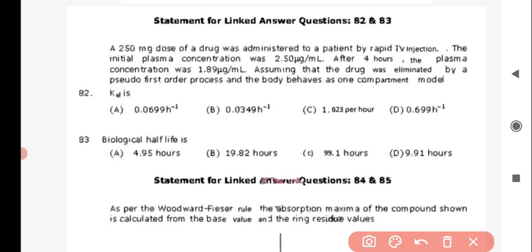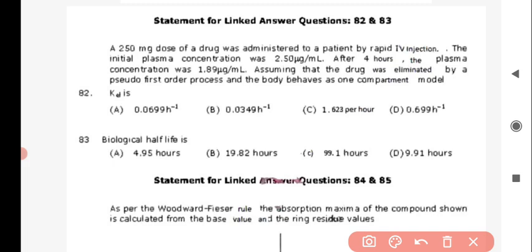Then coming to the next statement, a 250 mg dose of a drug was administered to a patient by rapid IV injection. The initial plasma concentration was 2.50 microgram per ml. After 4 hours, the plasma concentration was 1.89 microgram per ml.